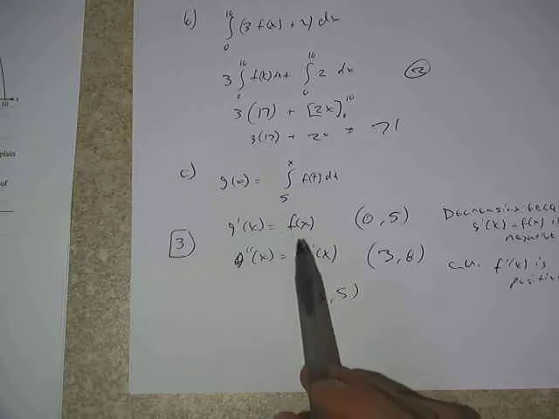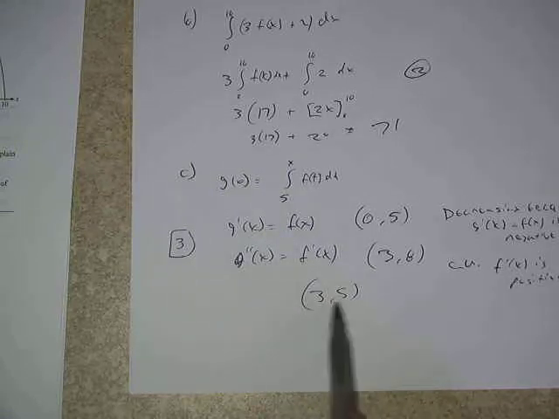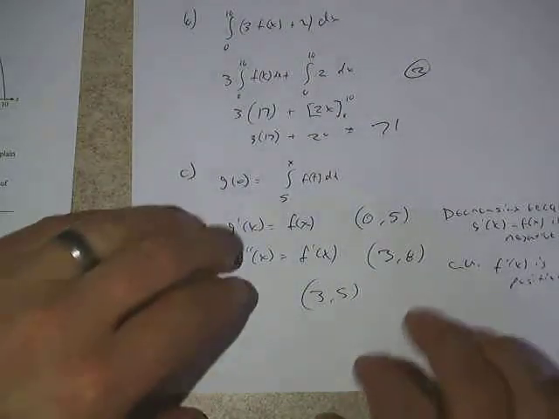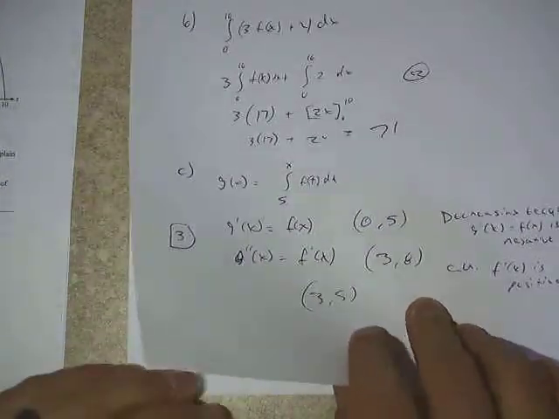And here we're concave up because f prime is positive. And ultimately the overlap of those two intervals will be the 3 to 5, and we'll be good to go. So 3 points total on that one. If you had the right interval. Like I said, if you got this part here, at least you got the fact that the derivative is f, and answer with your reason. Okay. Good to go. Questions on part C?